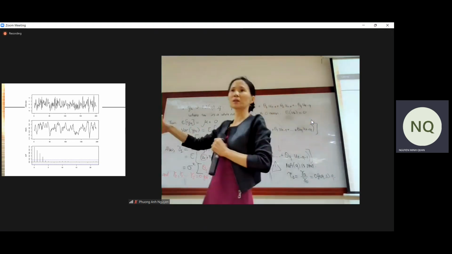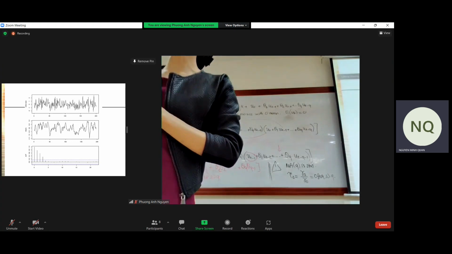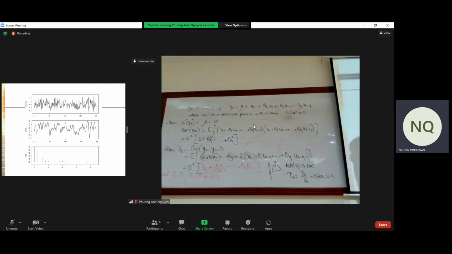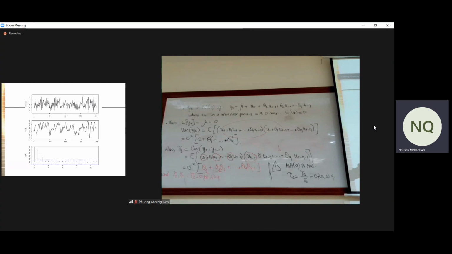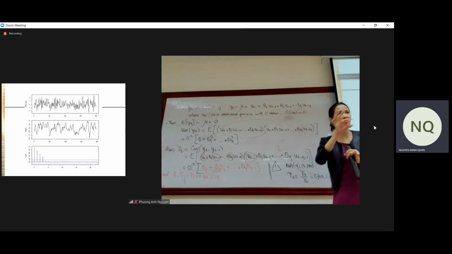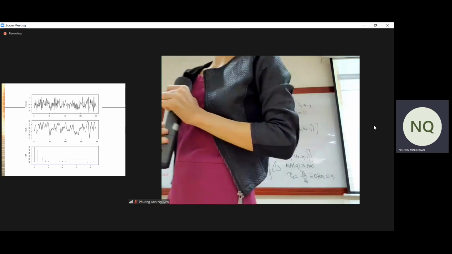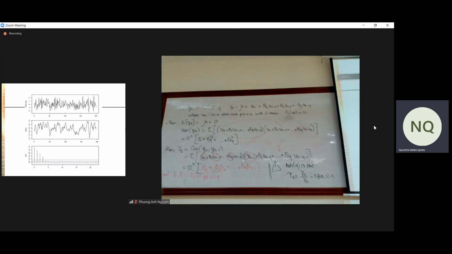So when you take the sum, imagine that the next value is small and this one is large. You take the sum, clearly you get something in the middle. So moving average somehow will make the values more stable, I could say. So somehow it looks smoother.